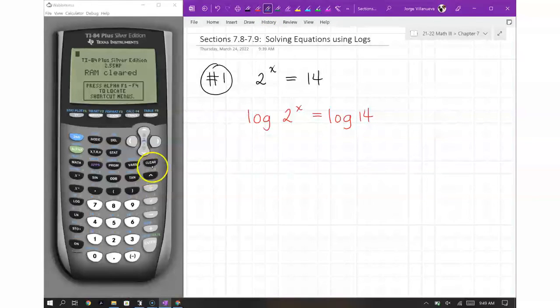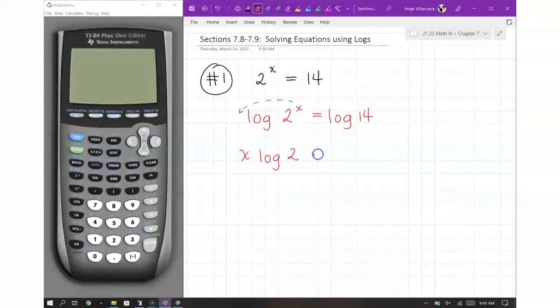Anybody remember? If you have a power of x, but it says log 2 next to there, what can I do with that x? Yeah, I can put it right here. x log 2, right? So it's going to be x log of 2 equals log of 14.